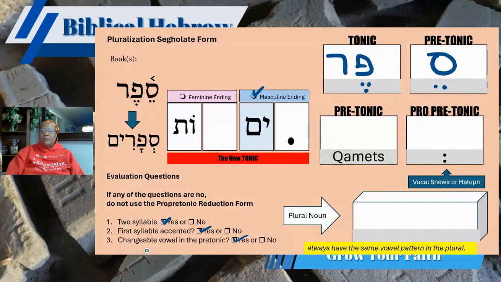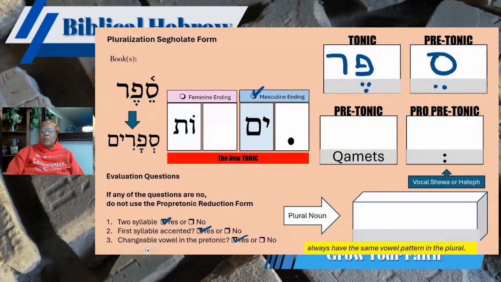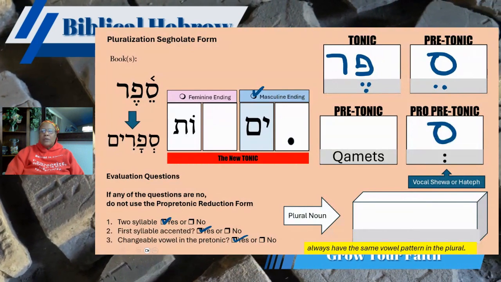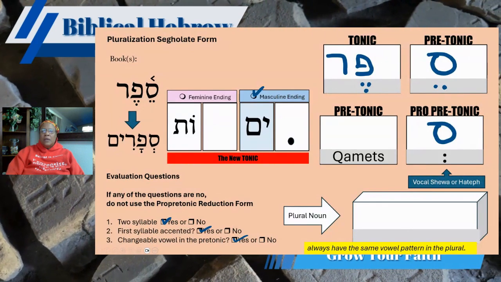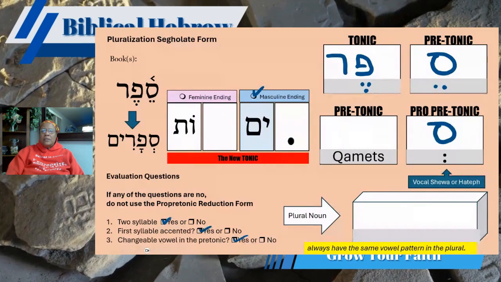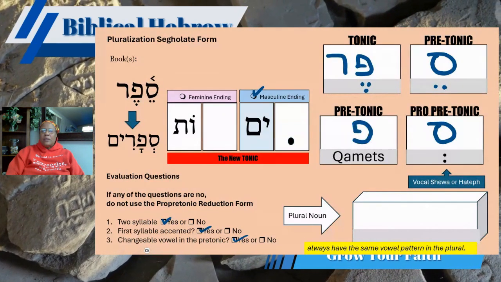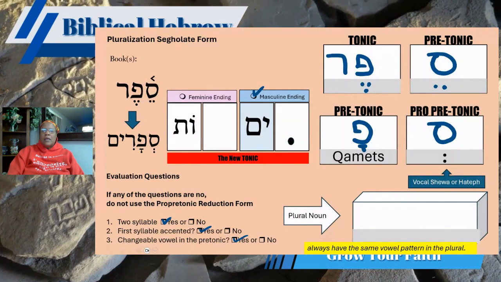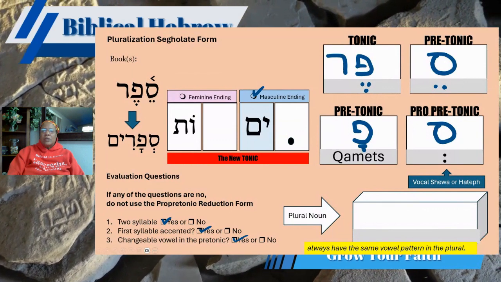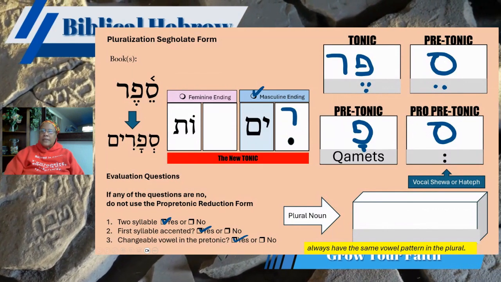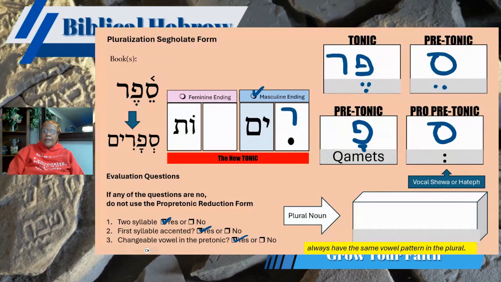Pulling it down, we are gonna put the samek with the schwa, the fe with the kametz, and the resh with the masculine ending, making a new tonic.